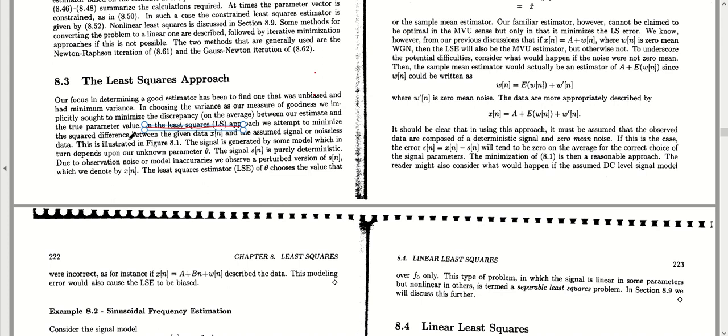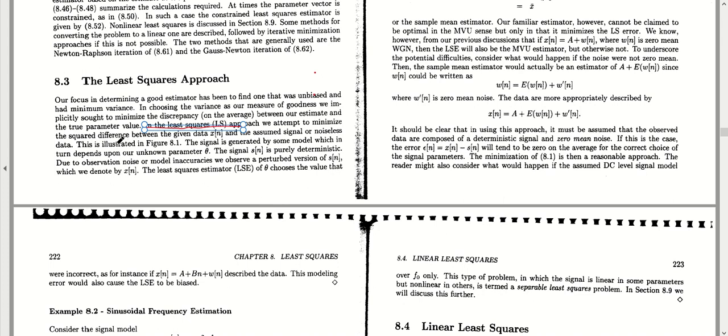Okay, so we try to minimize the square difference. But is that statement identical to achieving the CRB? Of course not. It's not achieving the CRB.